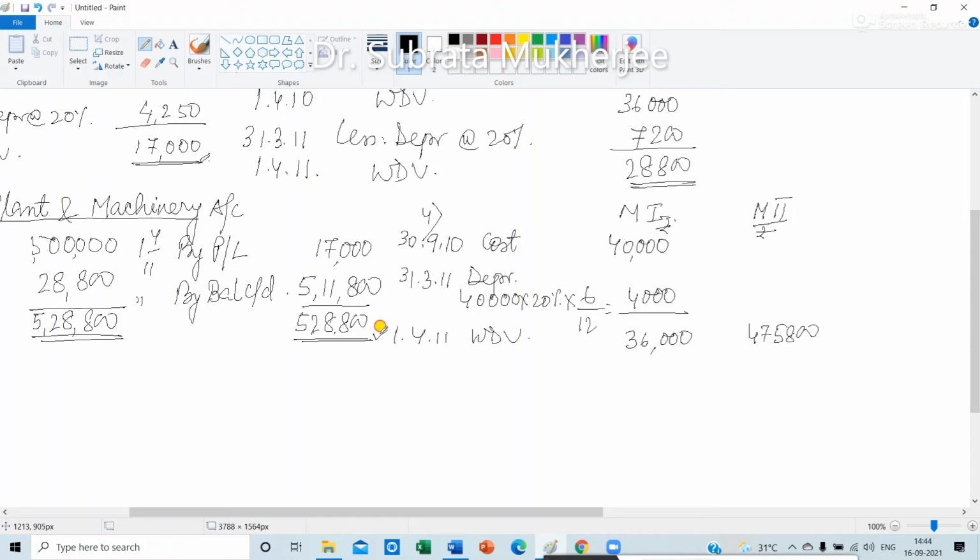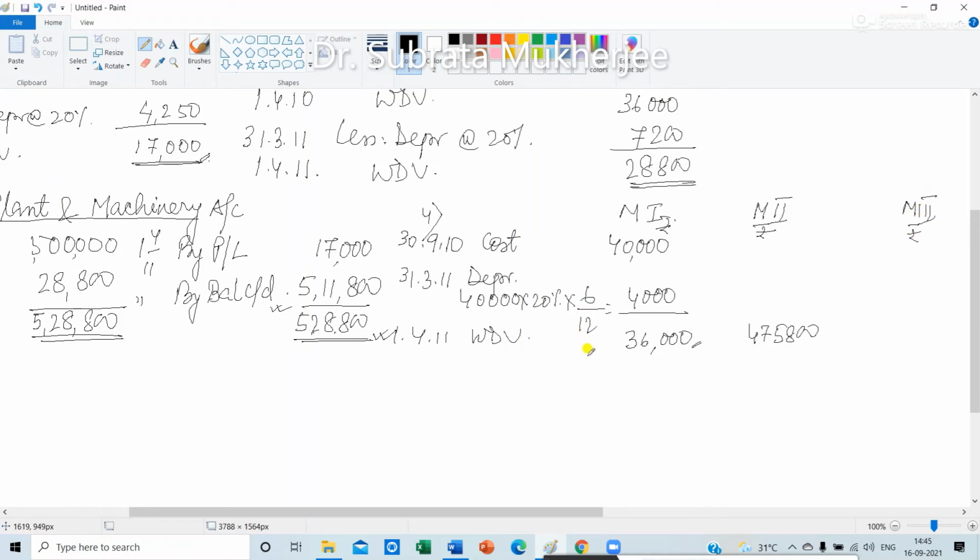See, on 1st April 2011, the plant and machinery account had a balance of 5,11,800 that we have calculated, the correct balance. Now you have to split this balance into two parts. One is M1 and the balancing figure is for M2. So M1, the written down value is 36,000, is going to be replaced by another machine, that is M3.